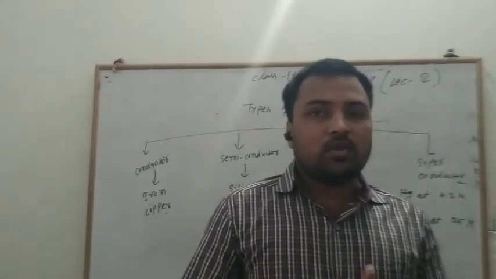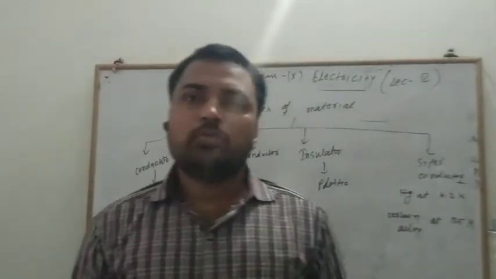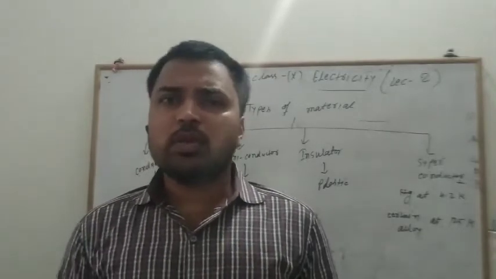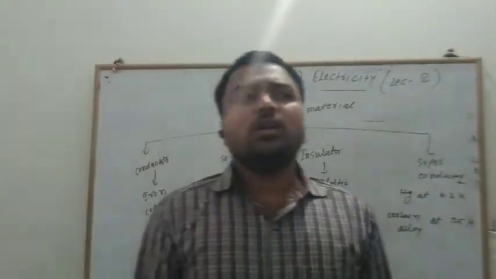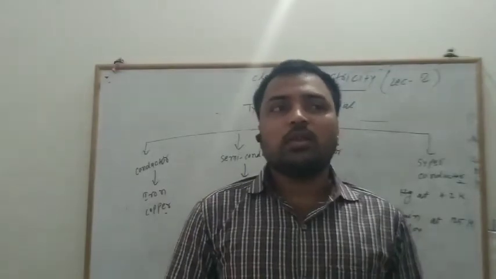On the basis of magnetic properties, we can classify materials as magnetic and non-magnetic. On the basis of electric properties, we will classify materials into four parts.